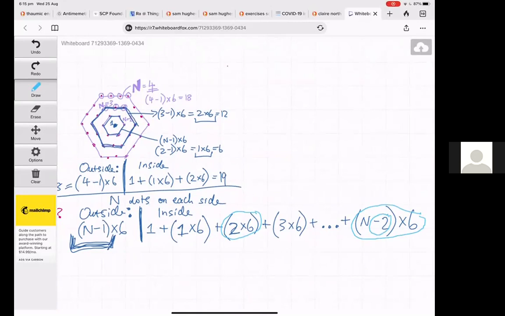If I subtract 2 but then add 2, it becomes 2 times 6 plus n minus 2 times 6, which is equal to n times 6.